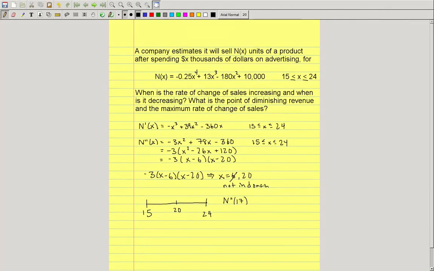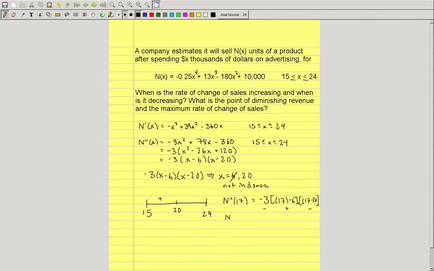We'll pick 17. And we plug in the value into our function. And we're interested in whether or not this makes it positive or negative. So we have a negative value out front, a positive value in the middle, and a negative value in the end here, which tells us overall that this product is positive.